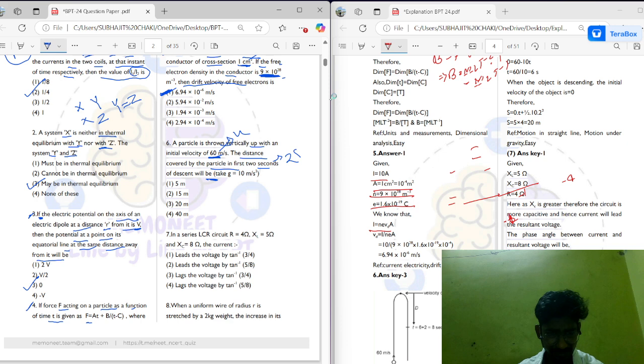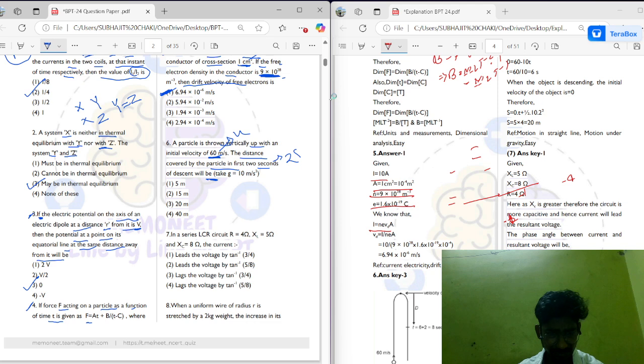First you have to calculate the final velocity from the formula v equals u plus at. The total time of ascent and the total time of descent will be equal, because it is under the influence of gravity only; no external force is mentioned.